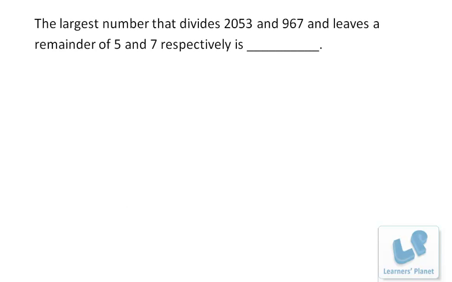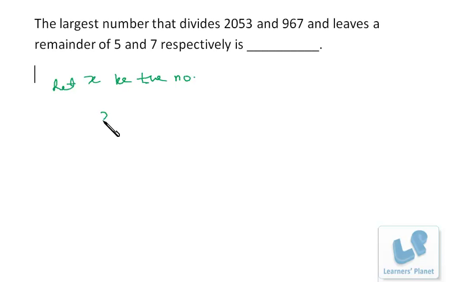Now the largest number that divides 2053 and 967 and leaves a remainder of 5 and 7 respectively. The same concept we are using over here. Let x be the number.